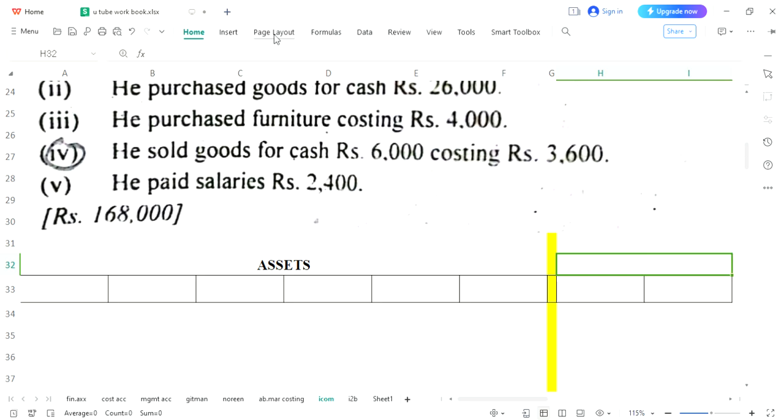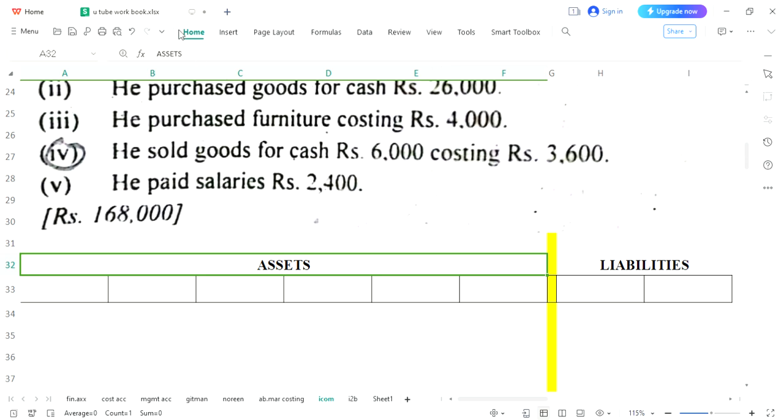This side would be used to note your liabilities. Here you will write your liabilities and this column would be used for your assets. So these two sides would be used to calculate your accounting equation.